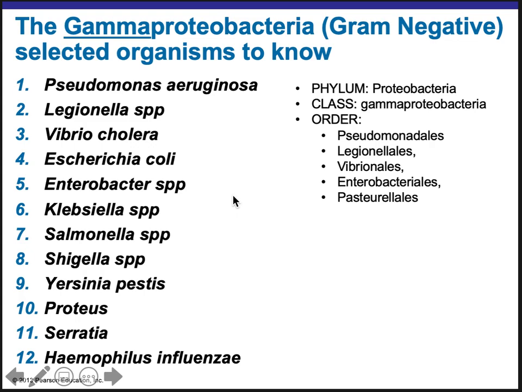If I gave you a species name, you need to know the species name. You should know if it's Proteobacteria, but I'm not going to ask you the class. So you need to know the phylum, the genus, and the species, but I'm not going to test you on the class or the order. But I do want to show it to you so you can at least get used to the naming system and utilize it if you need to, okay?